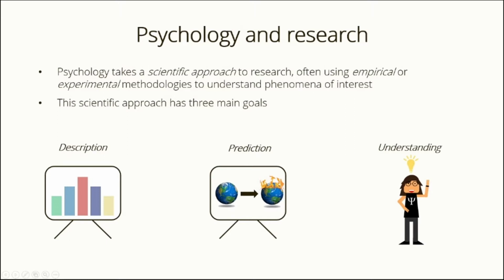We want it to predict, so using the outcome of the research to identify what is likely to occur in the future. And we want to understand, so identifying the causal factors that lead to the results found.